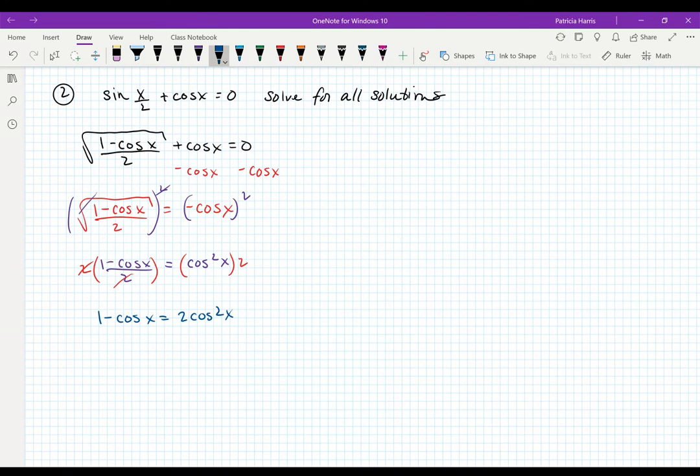If not, rewrite as 1 minus x equals 2x squared. Just kind of ignore the cosine in your brain, and then if you set it equal to 0, you wind up with something that looks like that. Okay, so we're going to kind of mirror the process. Again, set it equal to 0.